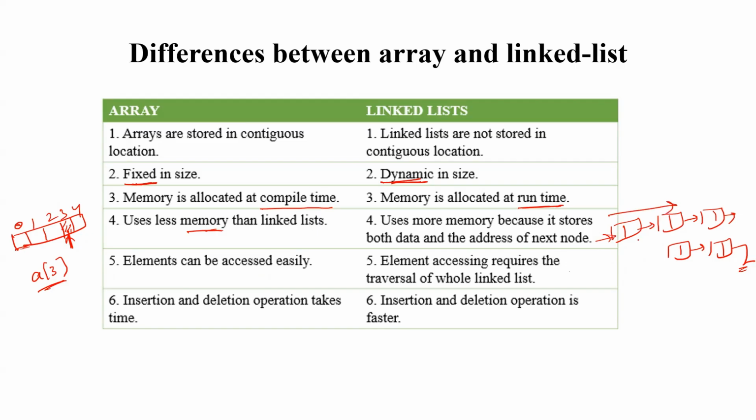So traversing, or accessing an element, is difficult here. Insertion and deletion operations take time in an array. If you want to insert and delete elements, an array is not a suitable option. Instead, we can use the linked list, which is better for insertion and deletion operations.